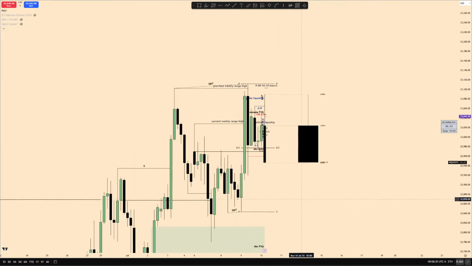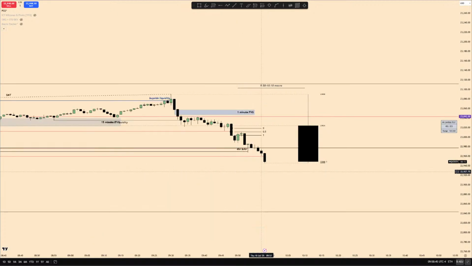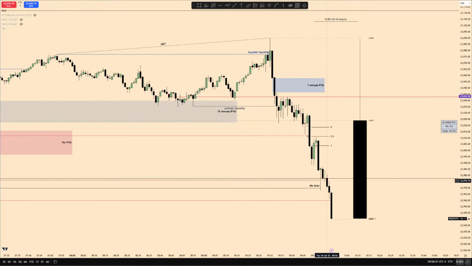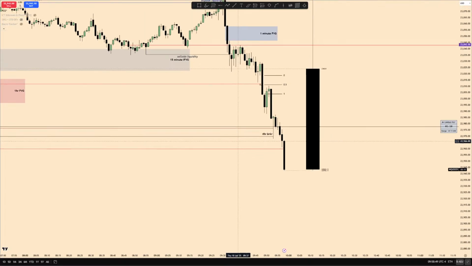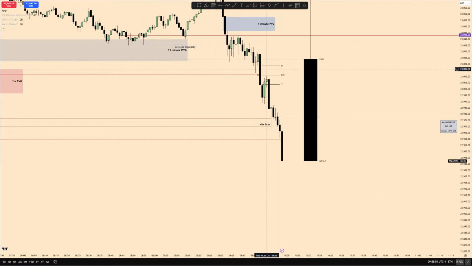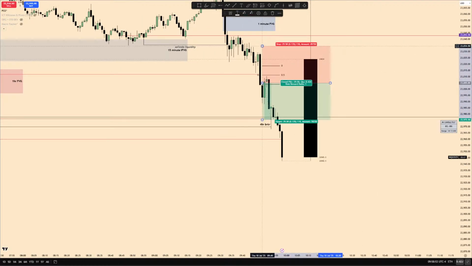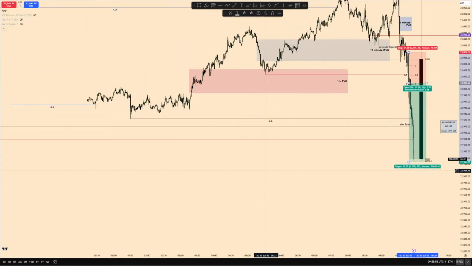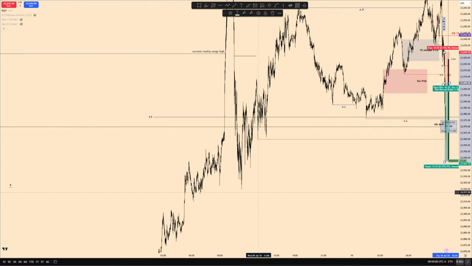Honestly, with this 4-hour, I don't think we'll stop. So I would anticipate that that's the high of the day. I don't understand why I am right now though. That's crazy. Ooh, yes, it's dumping now.